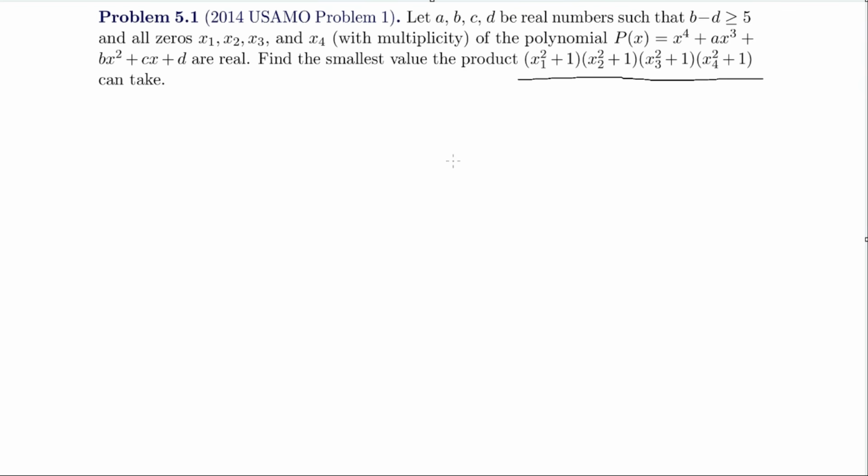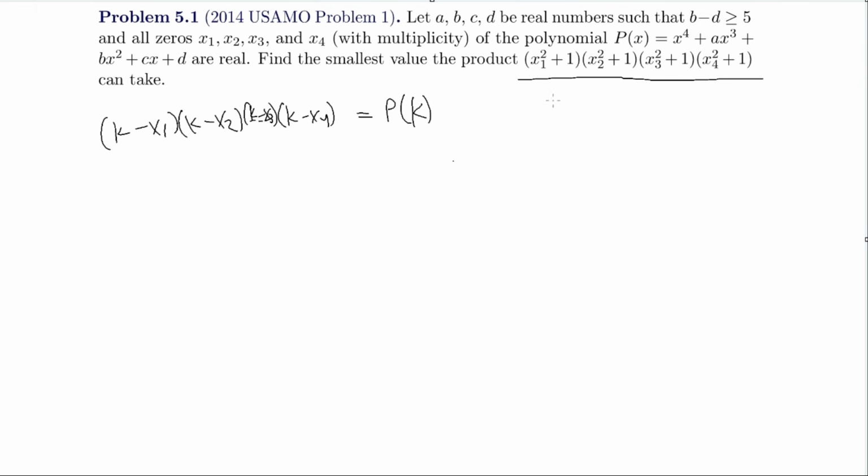With this in mind, recall our polynomial trick: we know how to find (k minus x1)(k minus x2)(k minus x3)(k minus x4), because it is just p of k. And we want to somehow use this.